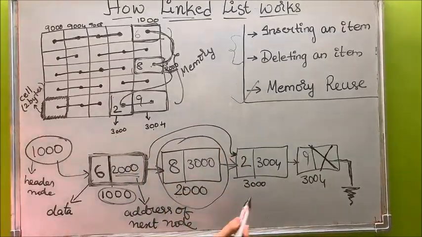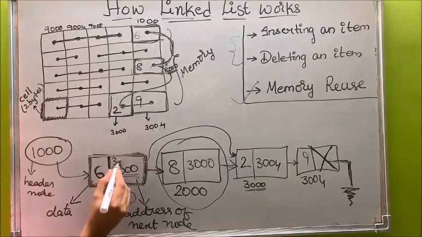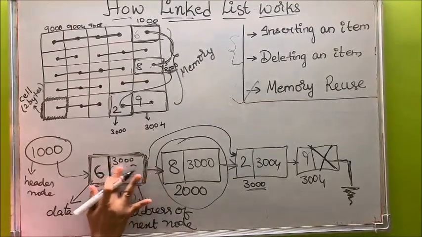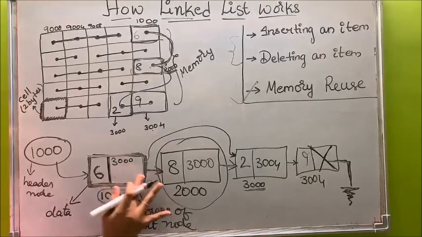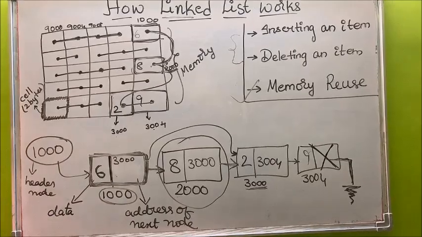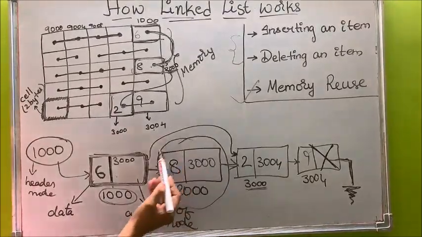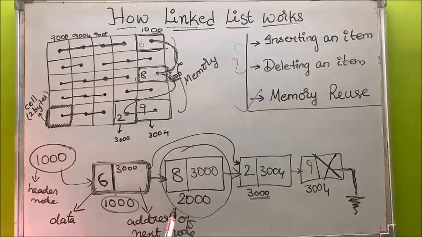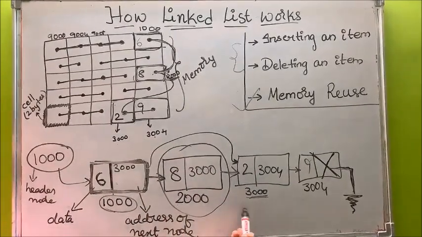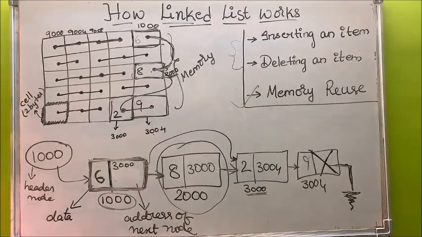That is, the address of 3000 will be stored in the initial node. That's it. So here in arrays we don't have any option to delete an element in the middle of the array without moving the other elements.